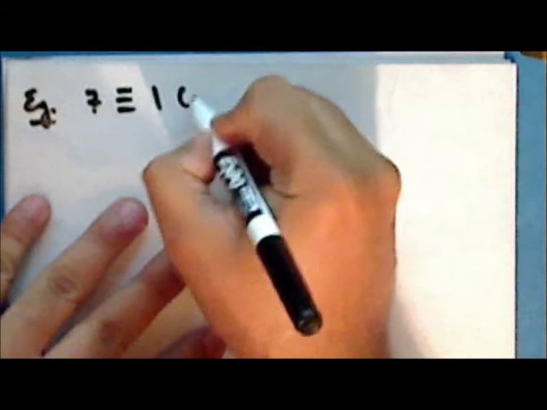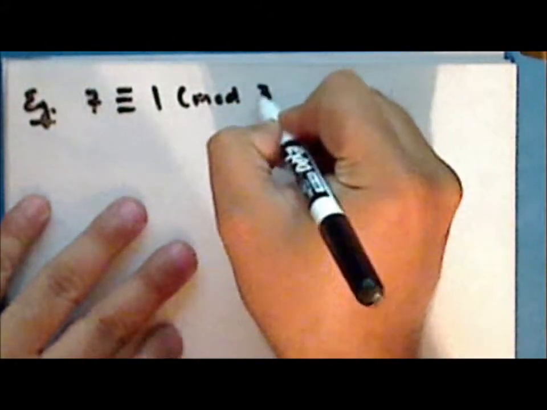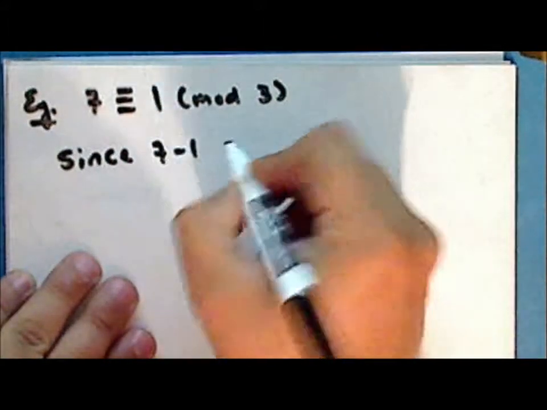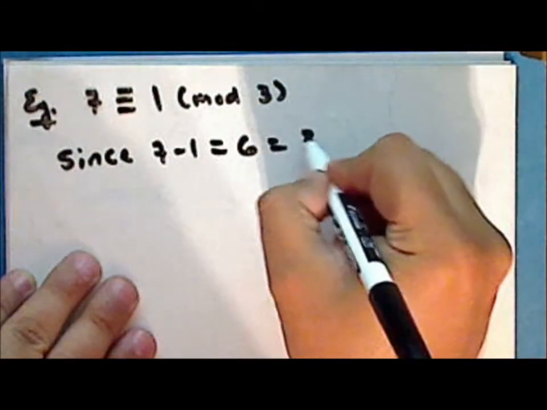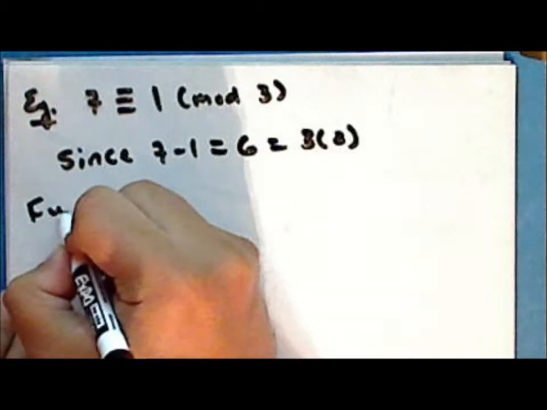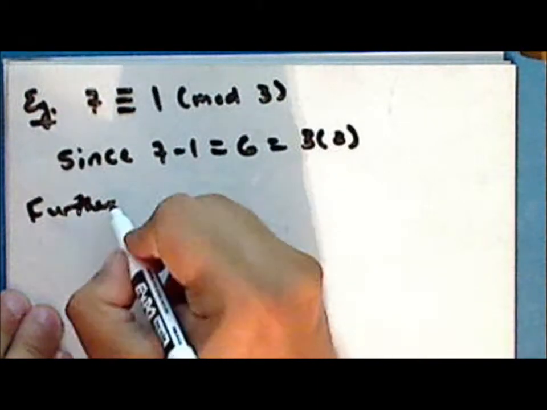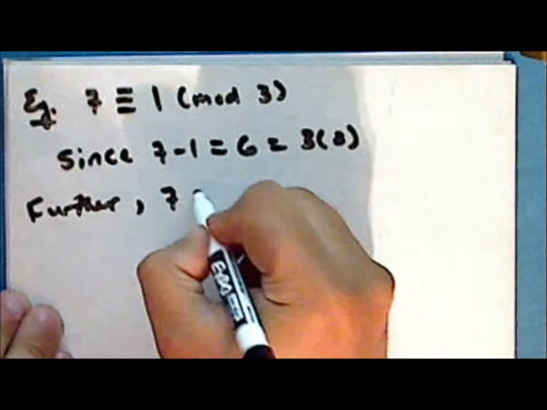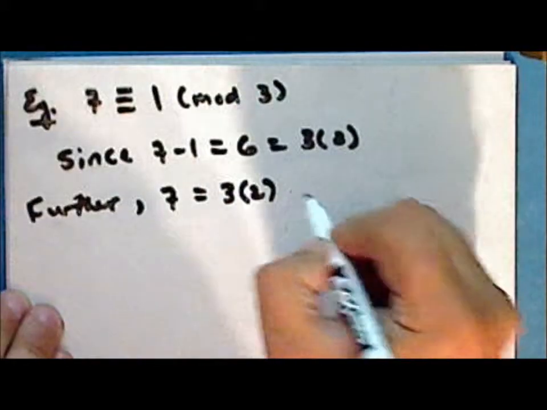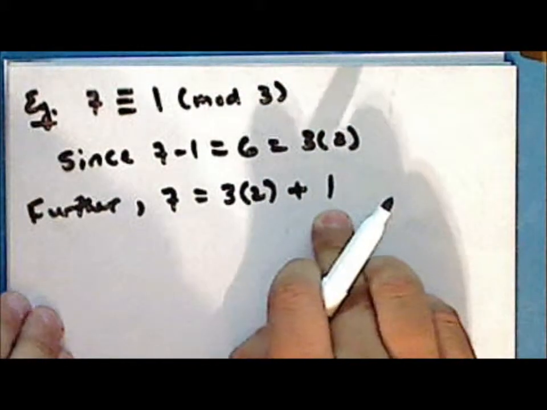So for example, the number 7 is congruent to 1 modulo 3, since 7 minus 1 is 6, and this is an integer multiple of the number 3. And further, the number 7 can be expressed as the sum 3 times 2 plus 1, where 1 is the residue.